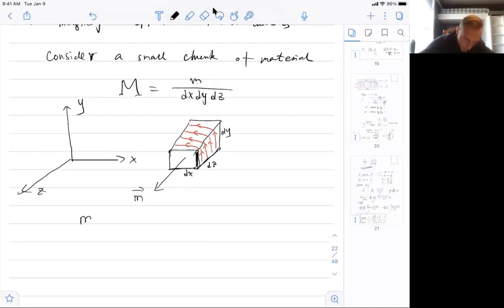The dipole moment is current times area, that's the definition. Here, we're going to plug in the current and the area for such a situation.